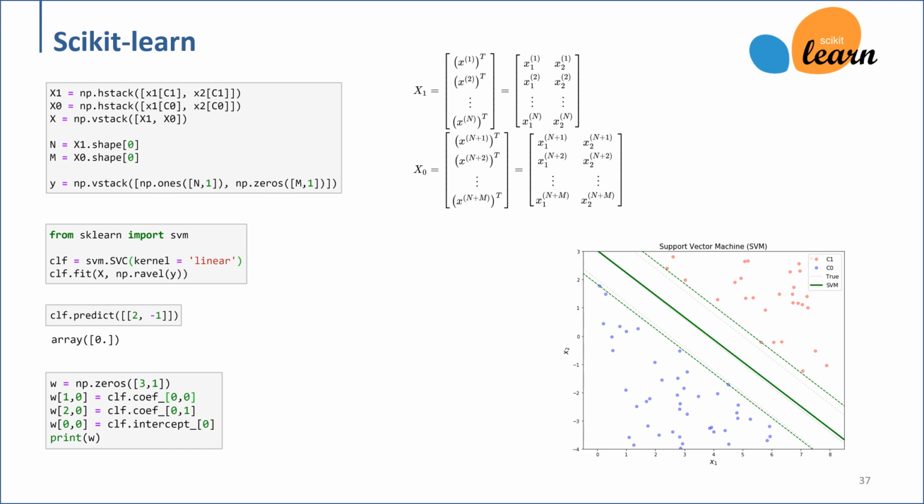For that, we first need to import SVM from scikit-learn, and for classification, just use the model svm.SVC, and fit it with X and labeled y. Then when you use clf.predict, you will see the result which has the proper omega value, and the result is what we already know.